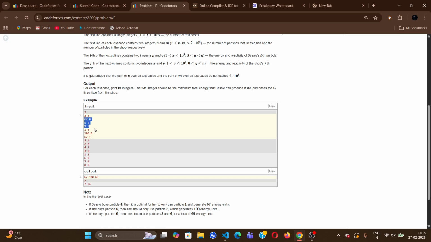If we can take only two values, we will take that. Yeah, we will calculate that one and we'll take a maximum from here.